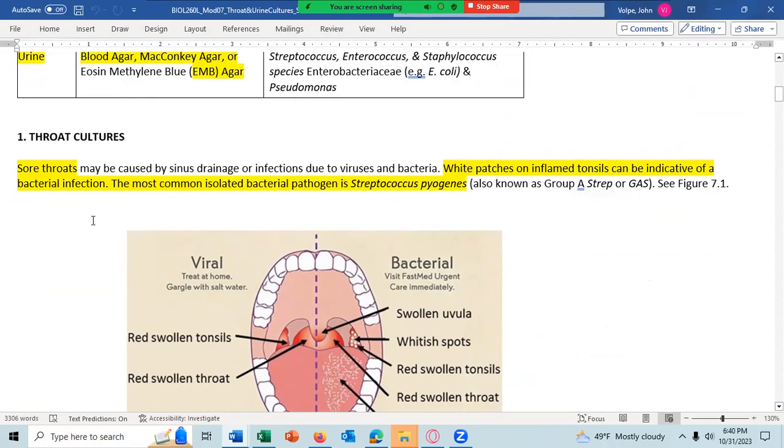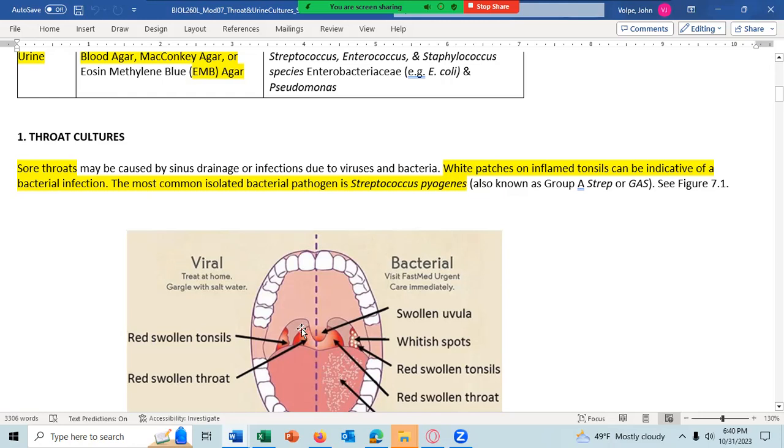Throat cultures happen when somebody has a sore throat and the doctor looks in the throat and sees white patches on the inflamed tonsils or in the back of the throat. The white patches are indicative of a bacterial infection. If the throat is just red, that is indicative of a viral infection.